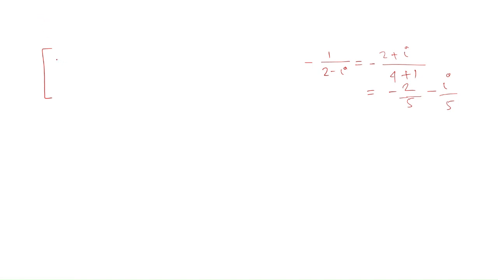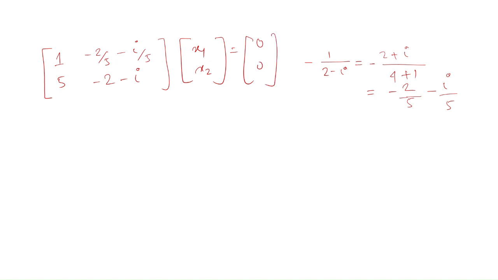Now let's write here 1, minus 2 by 5 minus i by 5, and below 5, minus 2 minus i, with x1, x2 and right hand side 0, 0.